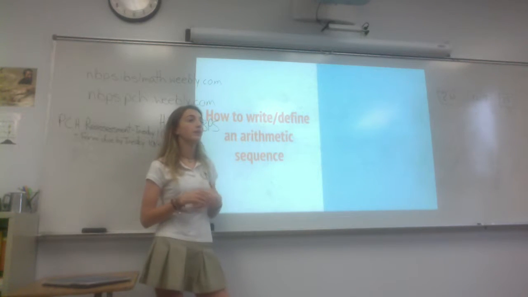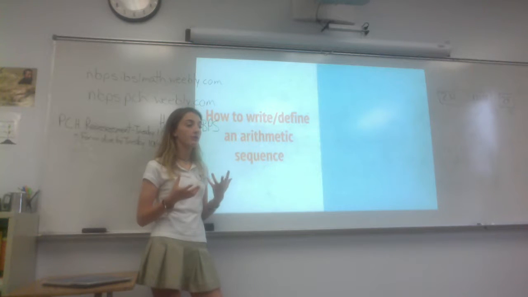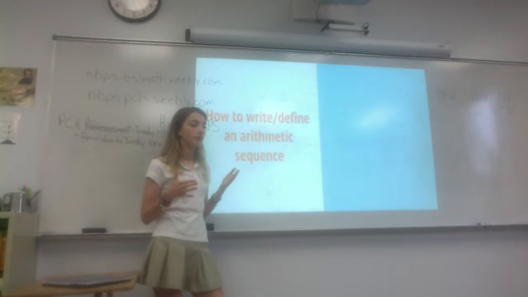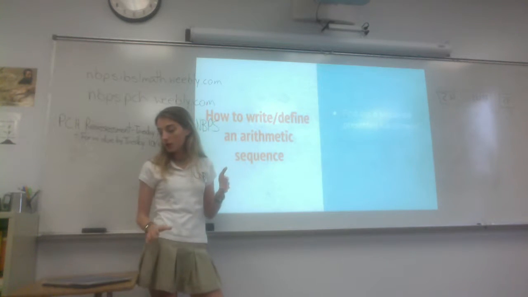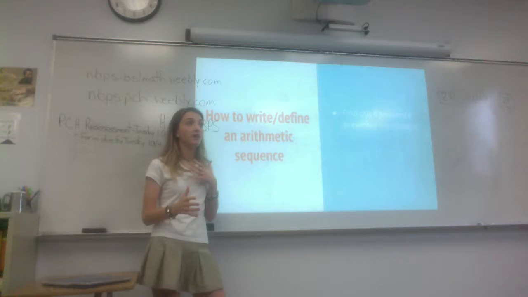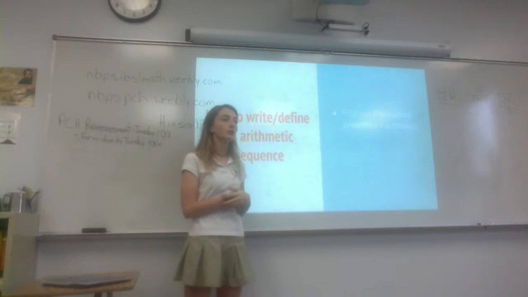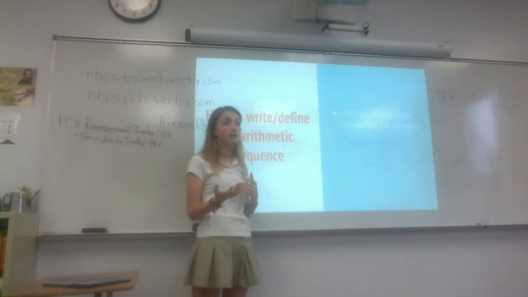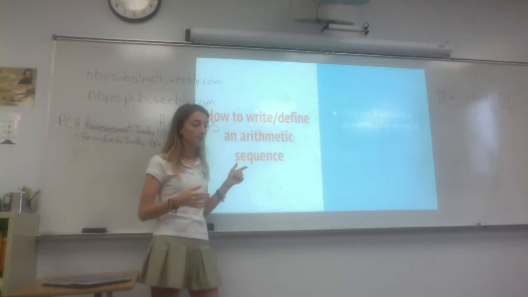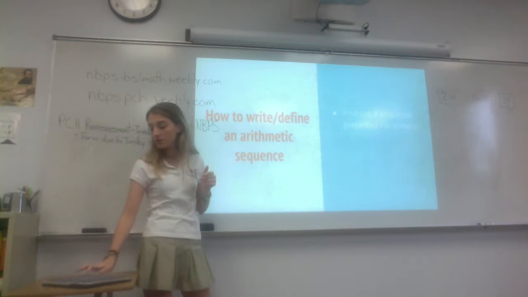So to define an arithmetic sequence, we first have to determine if there is a common difference. We have to determine if that sequence is arithmetic in the first place, and that entails finding if there is a common difference between the values of the terms.